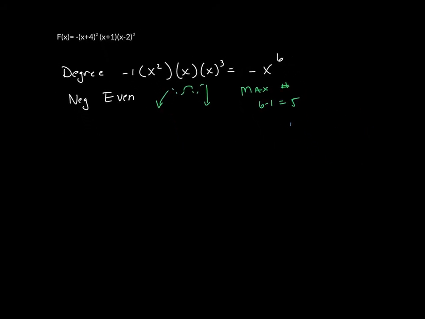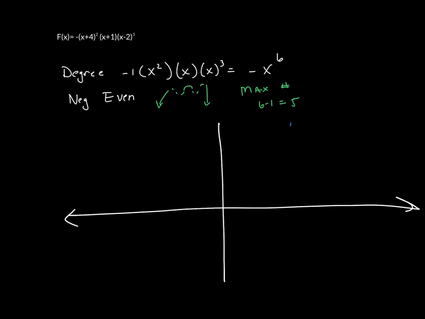So let's go ahead and set up the beginning portion of this. You have your x-axis. I have zeros. All right, let's go back up to the very beginning and find out where my zeros are. Looking at the first parenthesis, that x plus 4, I set that equal to 0. And my first 0 is x is equal to negative 4.